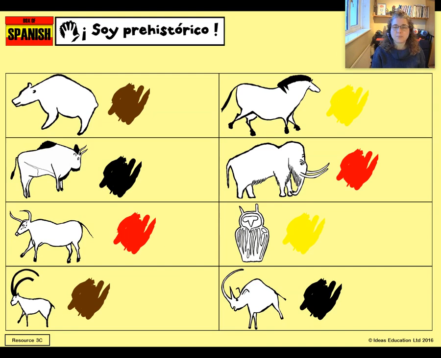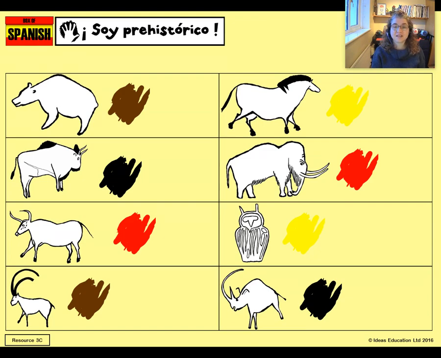The next one is the bison, isn't it? He's black. How would we say a bison of the color black? Can you work that one out? Un bisonte de color negro. Good. Then we have the bull. He's red. How do we say a bull of the color red?